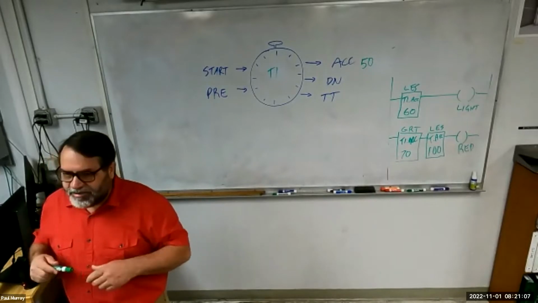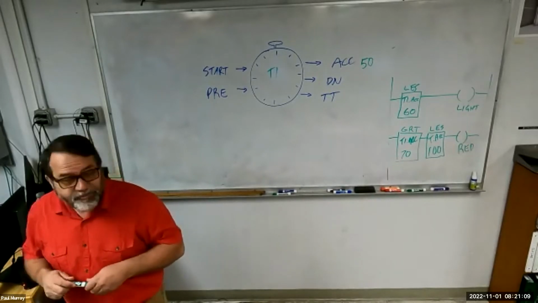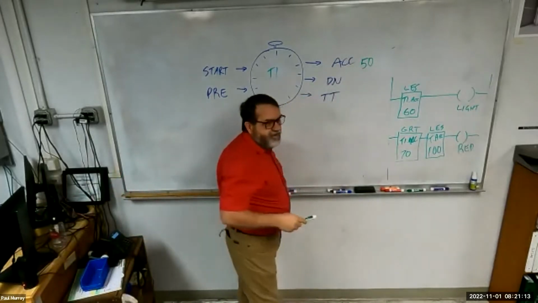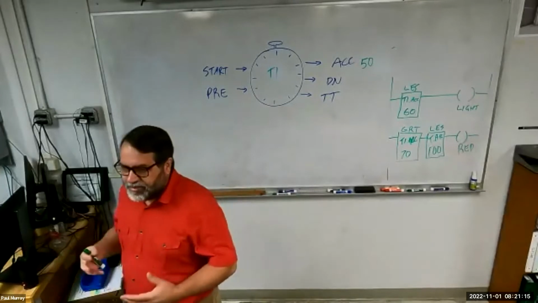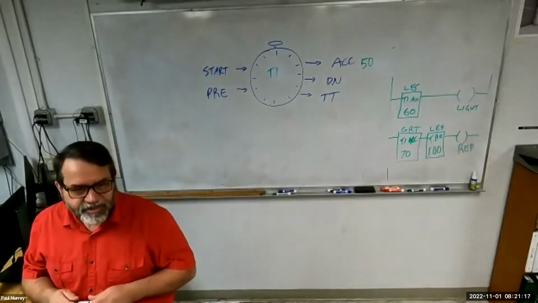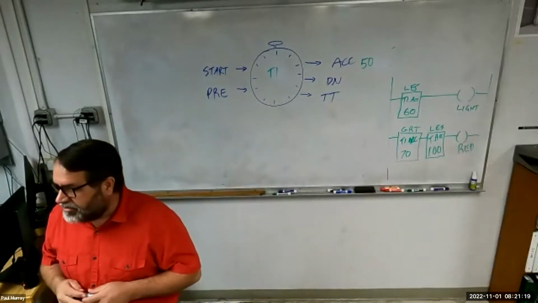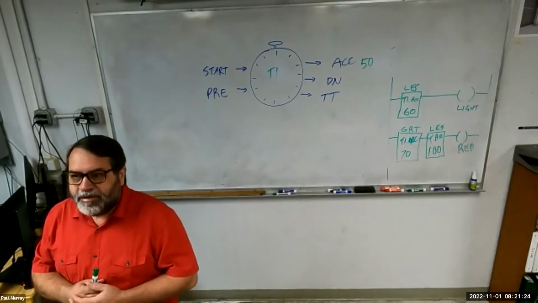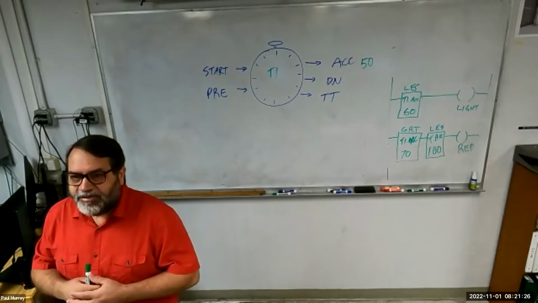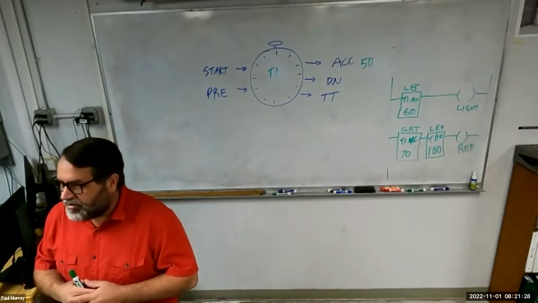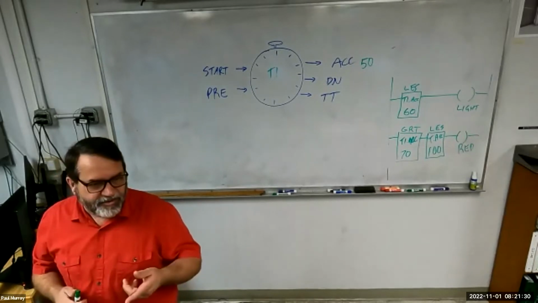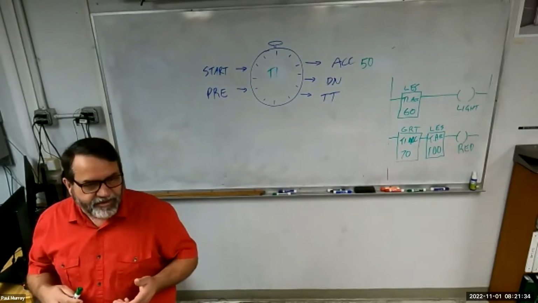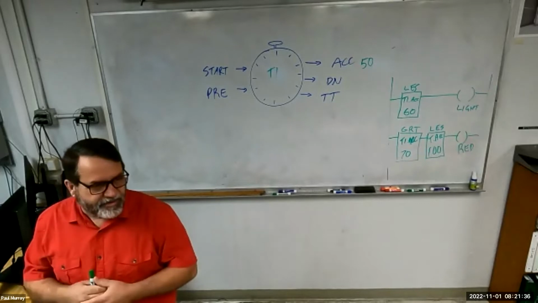So I can do a lot of different creative stuff with this bit of information, and I can compare that to something else. I could even put a counter, and every time the timer runs, I could increase the counter, and I could say if the counter is less than 5, turn on a light.